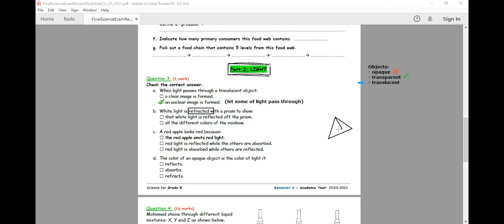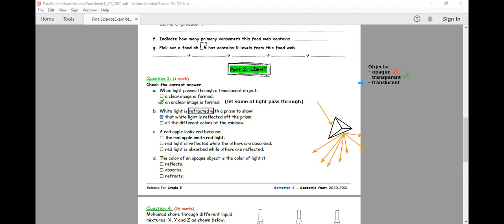So here is the prism. And then we send white light to the prism. We will see the 7 colors: 1, 2, 3, 4, 5, 6, 7. You will see that the 7 colors of the rainbow will appear.